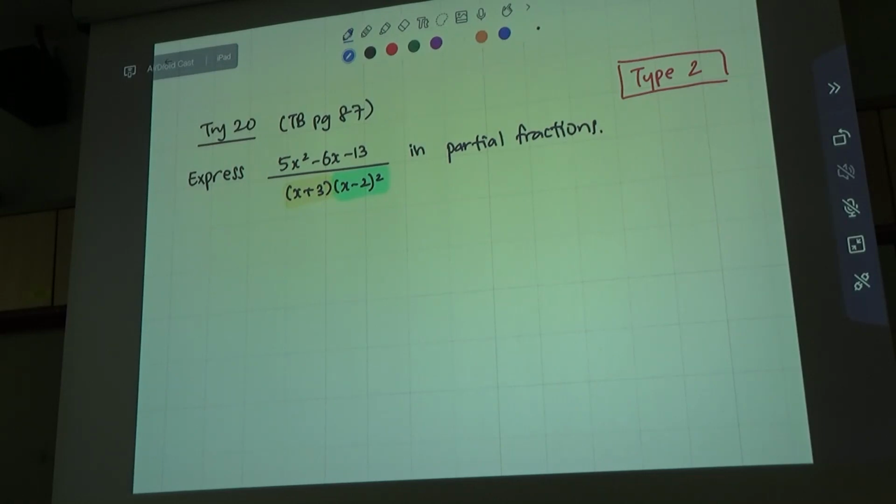So, based on what we learned about breaking it into partial fractions, my x plus 3 denominator will give me A over x plus 3, while my repeated linear denominator will give me B over x minus 2 plus C over x minus 2 squared.